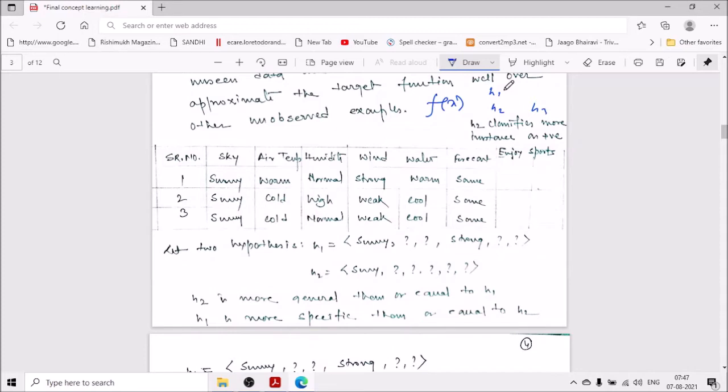Now we have a training data set and a test data set. On the test data set, we can measure the performance of the hypotheses and their error rate. From the error rate we can identify the best one.